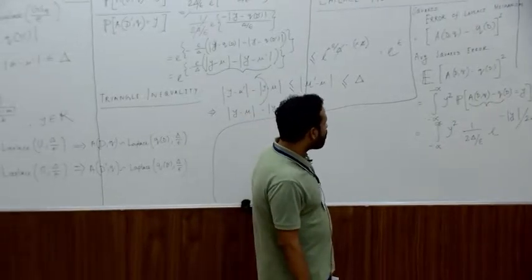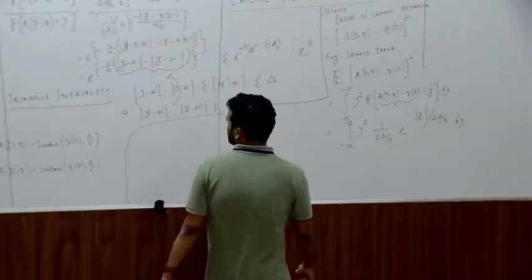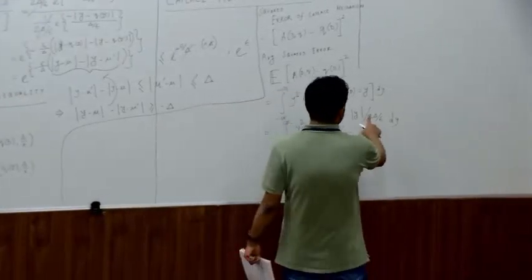In the exponent. What? 2 is not here. Oh, 2 is not here, right? Yeah, 2 delta by epsilon, right?